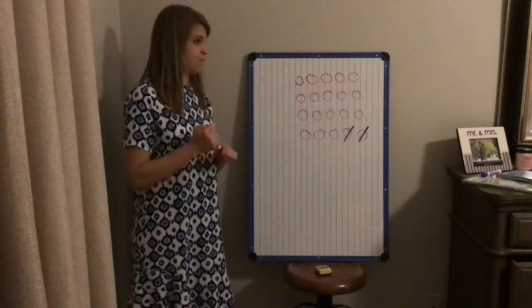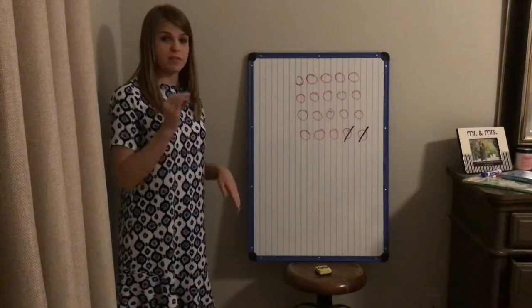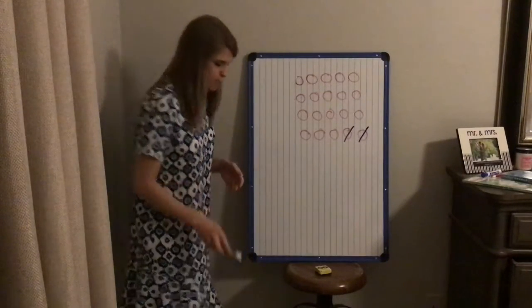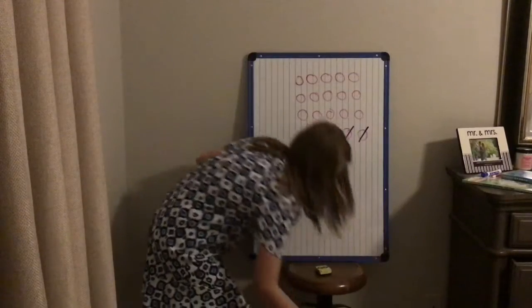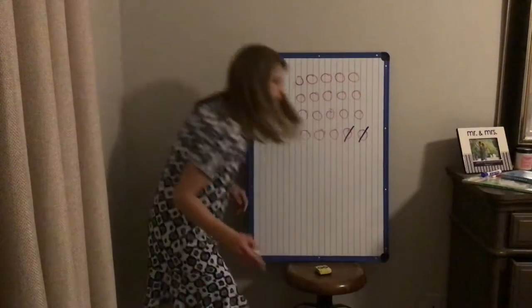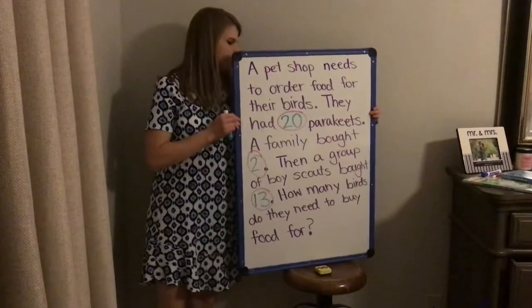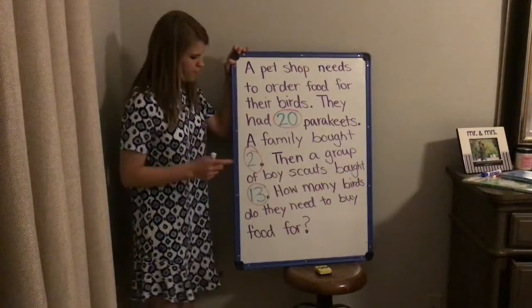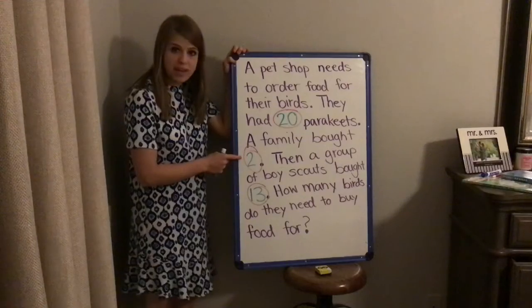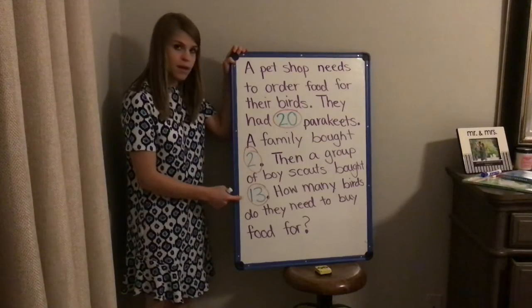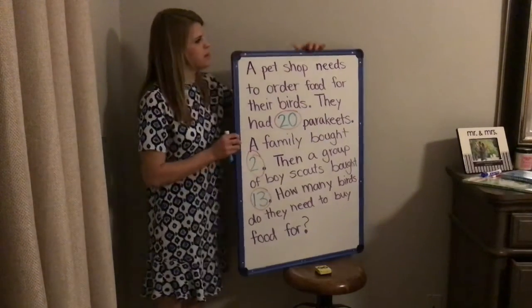Okay, are we done? Nope, not done. Next, we need to cross out the ones that the Boy Scouts took. So let's turn it back around and let's see how many the Boy Scouts bought. All right, so the family took 2. The Boy Scouts took 13. They bought 13 birds.